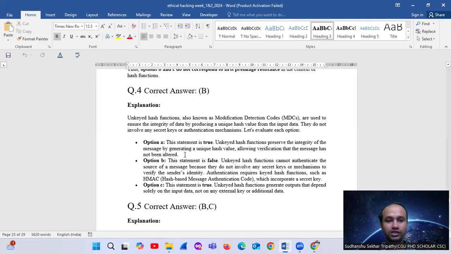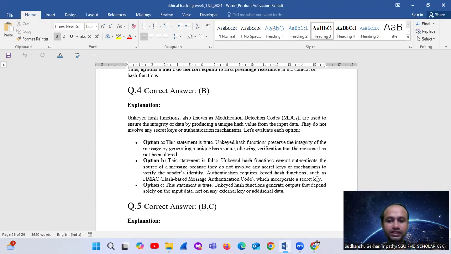Let's evaluate each option. Option A, this is true. That is, unkeyed hash functions preserve the integrity of the message by generating a unique hash value, allowing verification that the message has not been altered. Option B, this is false. Unkeyed hash functions cannot authenticate the source of a message because they do not involve any secret keys or mechanisms to verify the sender's identity.